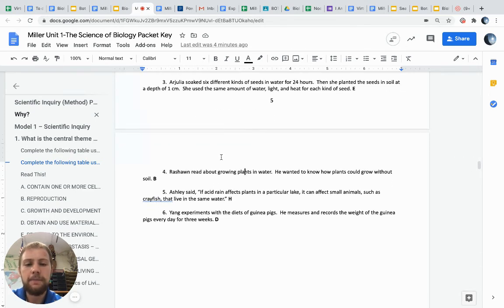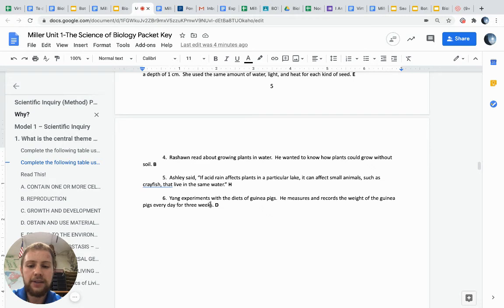Okay, and lastly, number 6, Yang experiments with the diets of guinea pigs. He measures and records the weight of the guinea pigs every day for 3 weeks. All right, so he's experimenting with their diets, but really the focus of this isn't so much on the setup of his experiments.